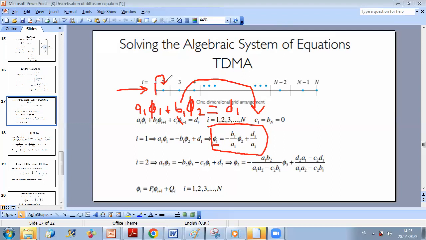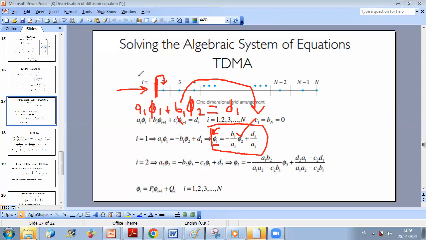So imagine that I gave you phi at 1. If I gave you phi at 1 as a boundary condition, then all you have to do is replace phi 1 here by its value, and you deduce the value of phi 2. I can give you other types of boundary conditions.